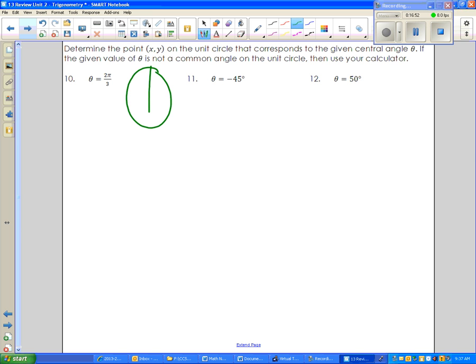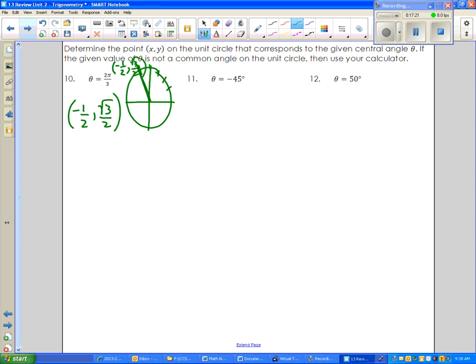Thinking about your unit circle, this is pi over 6, pi over 4, pi over 3, pi over 2. So this angle right here is my 2 pi over 3. What you should recognize is the x value is going to be negative and the y value is going to be positive. It's going to correspond to negative 1/2 and positive square root of 3 over 2. Sorry, I probably should write this down here.